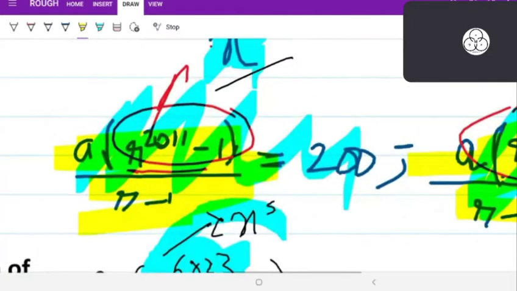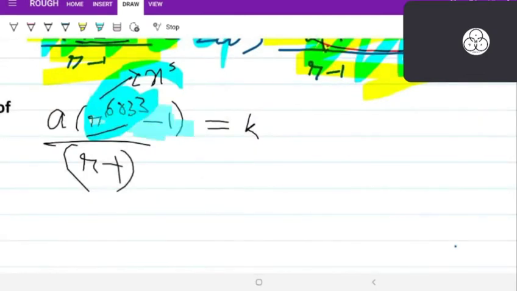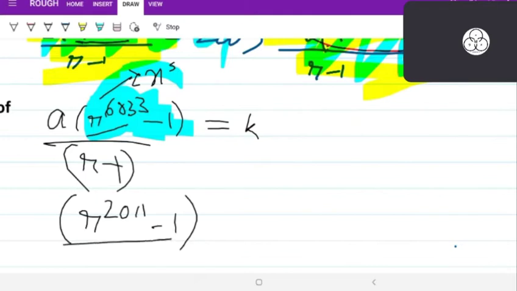Just look at this. You know the value of r because you have already solved from these two equations. You know R to the power 2011 minus 1 because you know the value of R to the power 2011, so you can find the value of this part. You need to find the value of k here.